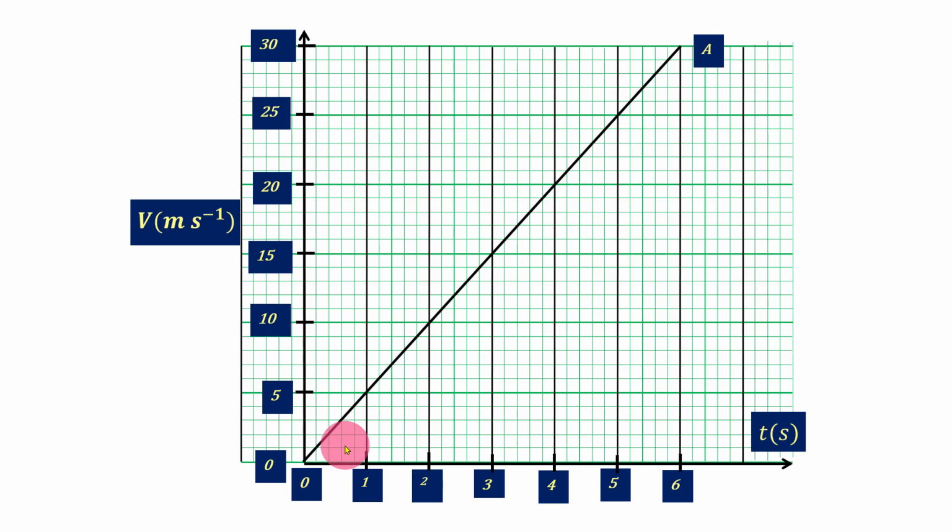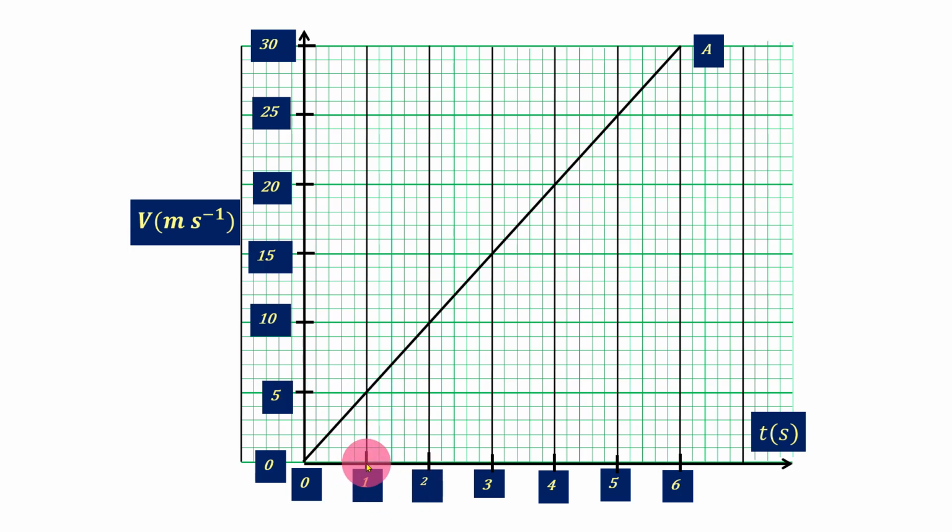So the interpretation is this: when time is 0, the velocity of the object is 0. So obviously this object is starting from rest. After 1 second, its velocity has increased to 5 meters per second.